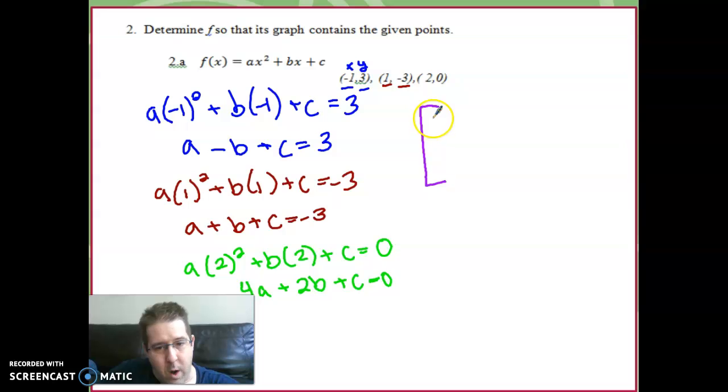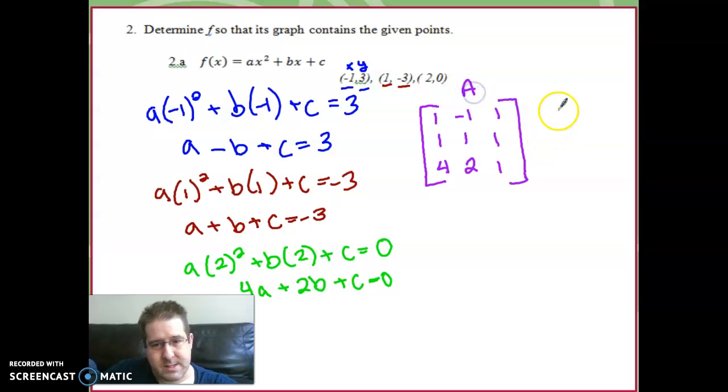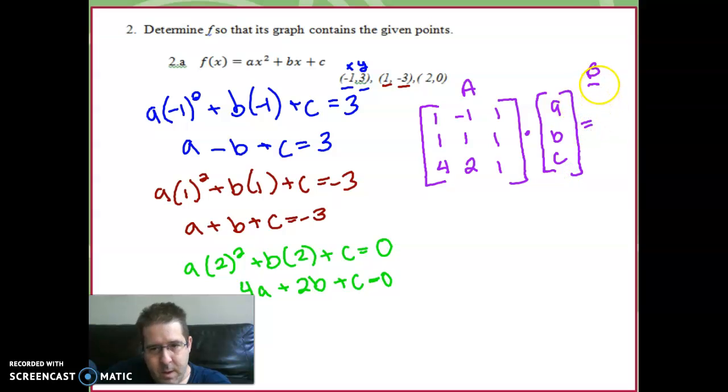This would be 1 for A, negative 1 for B, 1 for C. This one's going to be 1 for A, 1 for B, 1 for C. And this one's going to be 4 for A, 2 for B, and 1 for C. We're going to call this matrix A and then matrix B. So this multiplied by A, B, and C should equal our solution, which is our constants, 3, negative 3, and 0. This is very similar to what we did in one of the previous lessons.